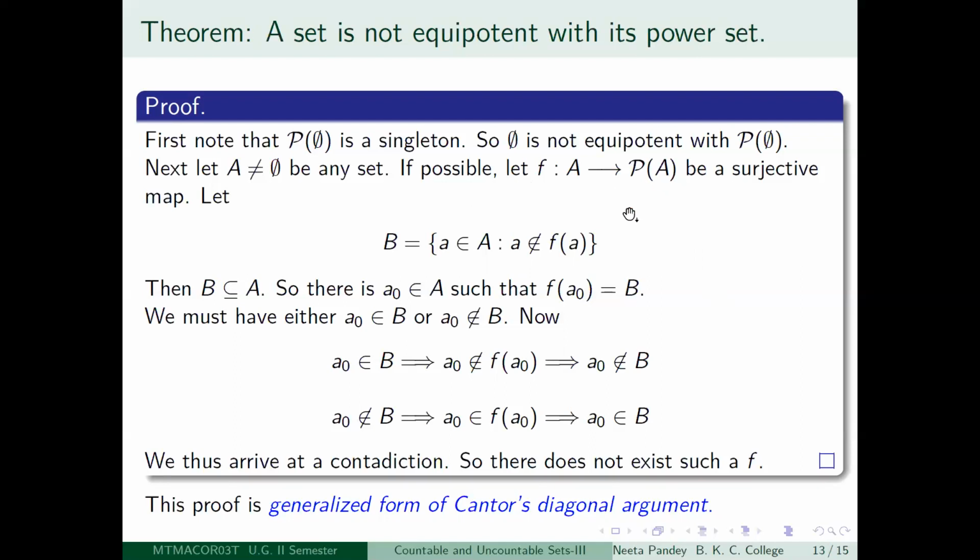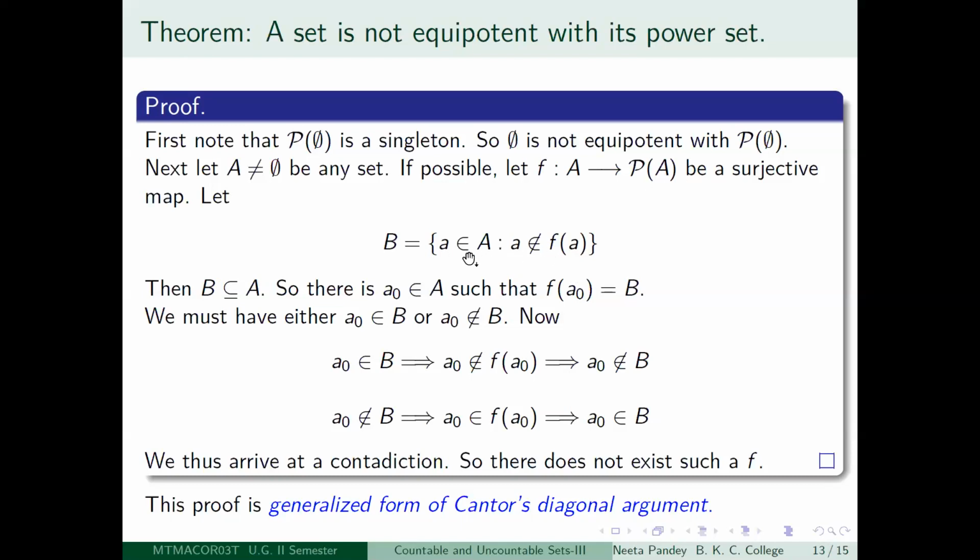So how does this argument proceed? Suppose, if possible, there is a surjective mapping F from A to PA. Then you construct a set which consists of those elements a of A for which a does not belong to F(a). What is F(a)? F(a) is an element of the power set of A. That means F(a) is a subset of A. So this requirement makes sense.